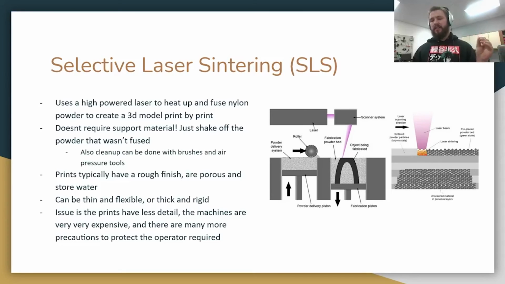After you bond them together, there's going to be some unevenness. So I wouldn't use this to 3D print a D&D model, for example. The machines themselves are also very expensive. I would imagine any high-powered laser would be very expensive. So this would be probably more in the middle to upper industrial class 3D printing.